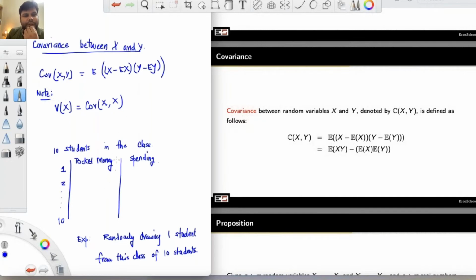Suppose I define X as the pocket money of the student that you have drawn, and Y is the total spending, how much money that student spends, of the student drawn.